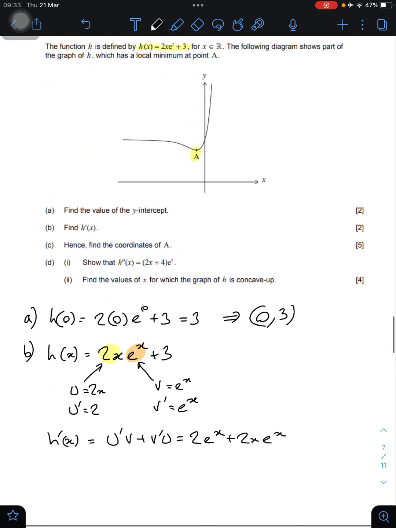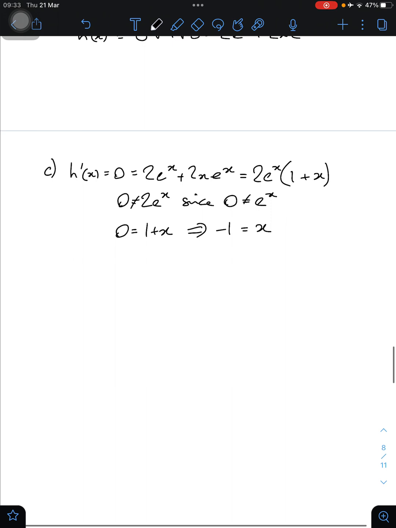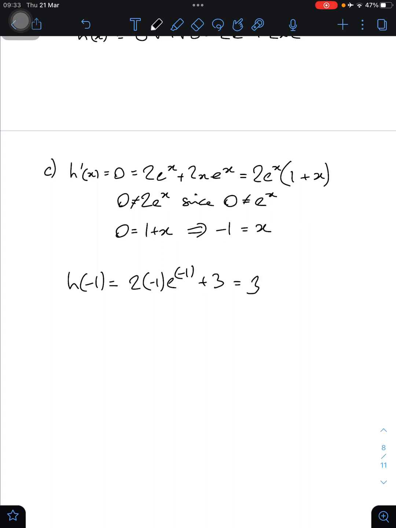So we need to find the coordinates of A. If we plug in minus 1 into our function to find our value for y, we would get h of minus 1, which is going to be 2 lots of minus 1, e to the minus 1, plus 3, which is the same as 3 minus 2 e to the minus 1, and you could leave it at that, or you could write e to the minus 1 as 1 over e.